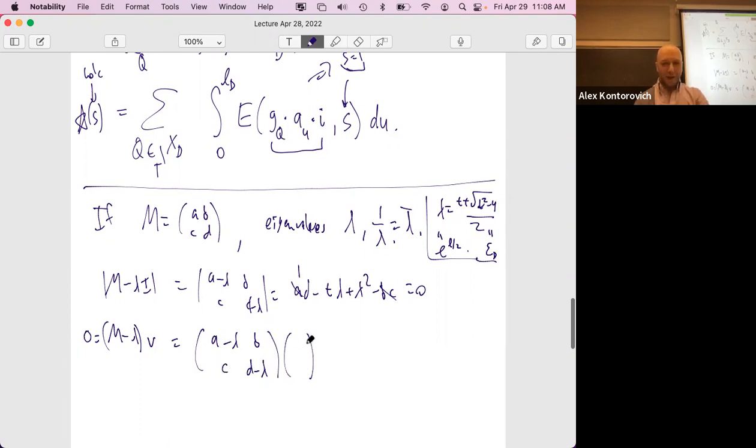So why don't I take lambda minus D and minus C? That's going to clear the bottom, and it has to clear the top because this is a rank 2 matrix. So M is rank 2, so M minus lambda I is rank 1. If you clear the bottom, you have to clear the top. Okay, so this is an eigenvector.